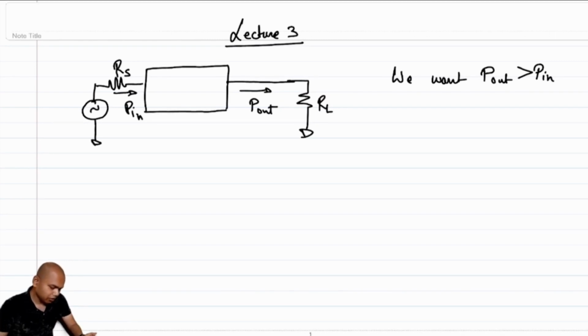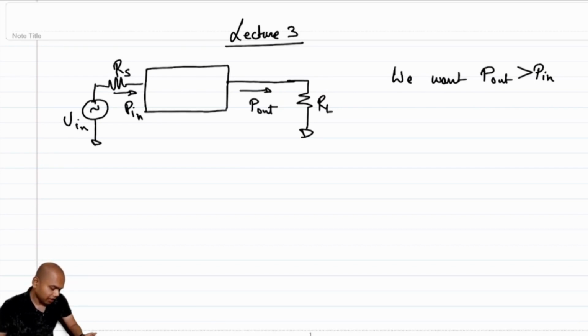Now, in order to go forward and do an analysis of this, let me be a bit more rigorous. Whatever device I have put between the load RL and the source V in and RS doesn't seem to have any ground. One might argue that the ground is inside.